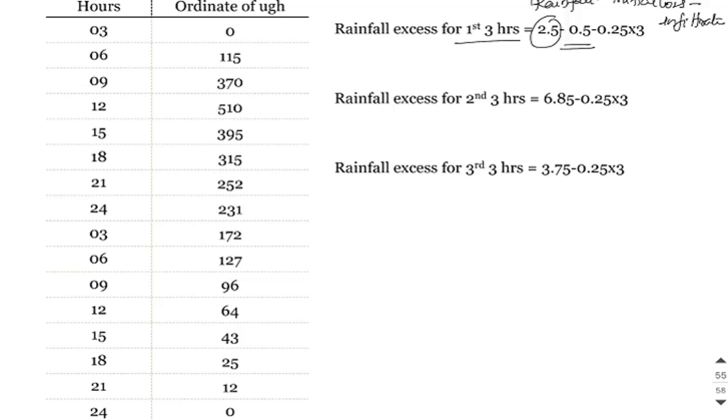Here it is 2.5 rainfall, then the 5 mm is converted into centimeter, 0.5 centimeter, as initial loss, and infiltration is 2.5 mm per hour, converting that into centimeter, for a duration of 3 hours.